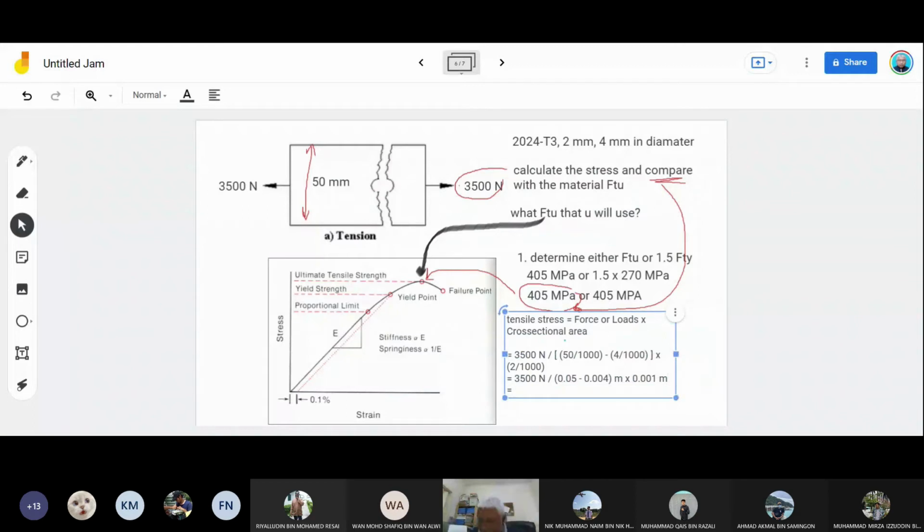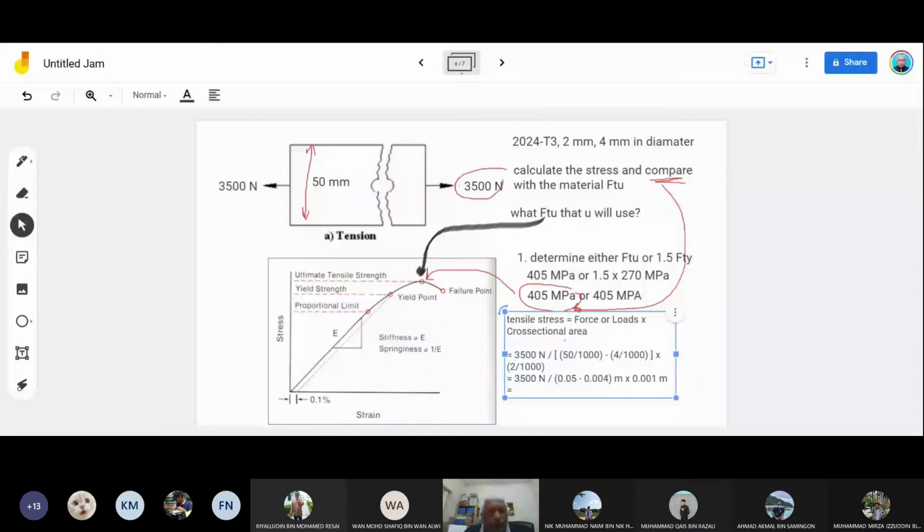What do you get? 3,500 divided by 0.05 minus 0.004 times 0.001.